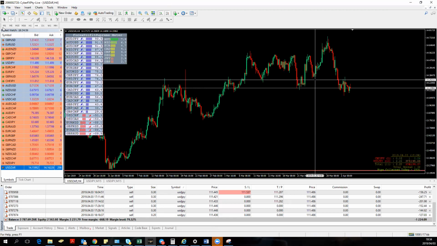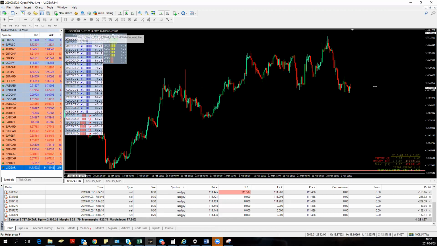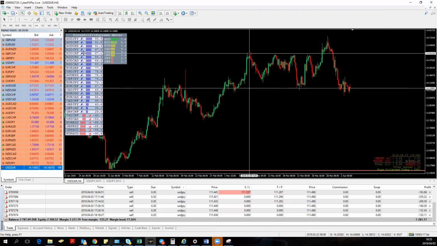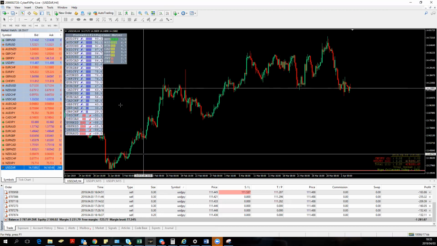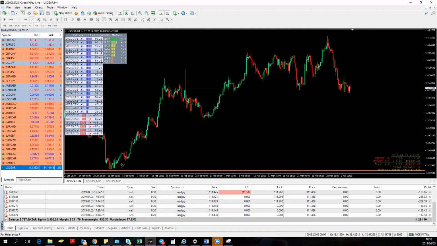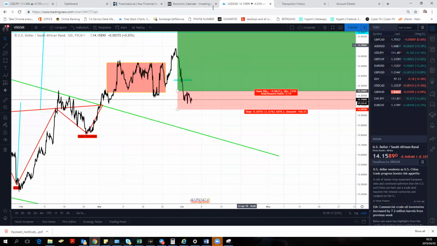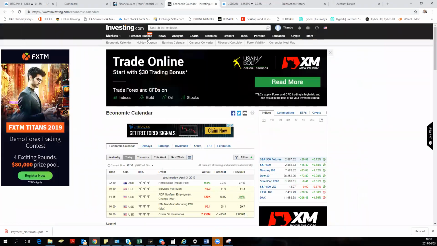Currently, the South African rand is winning against the USD, and I just use analyzing and reading the financial news, trying to figure out what's going to happen next. So this is investing.com.